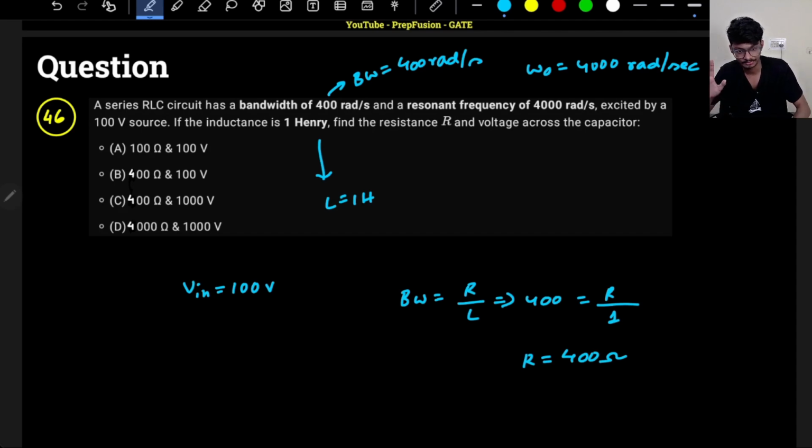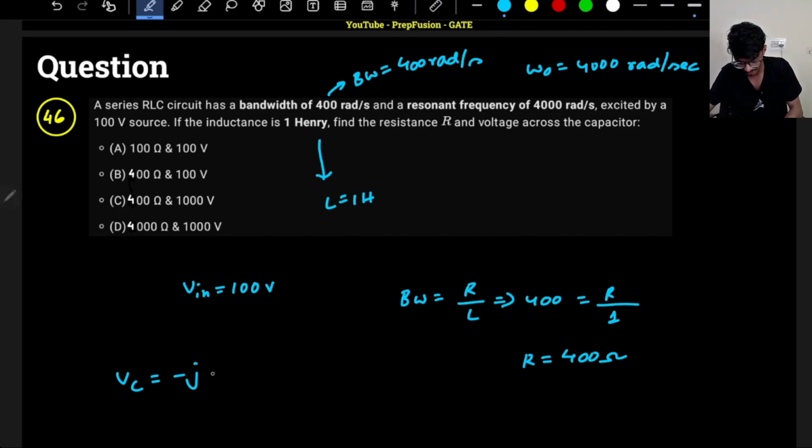That was rather simple. What about the voltage across the capacitor? To find the voltage across the capacitor, I know Vc will be minus J. Why minus? Because in the previous question it was plus J, because the inductor voltage leads the current, and here the capacitor voltage lags the current, or capacitor current leads the voltage.